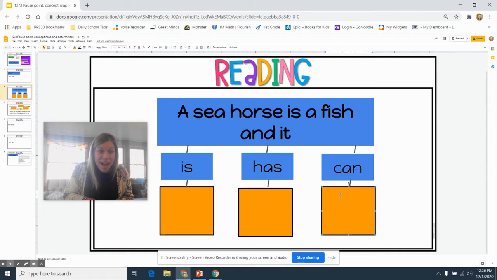Here are a few things that I thought of. Let's see if we had some of the same ideas. A seahorse can swim. Did you come up with that one? A seahorse can twist. I don't want those to be capital because it is not the beginning of a sentence or a proper noun.